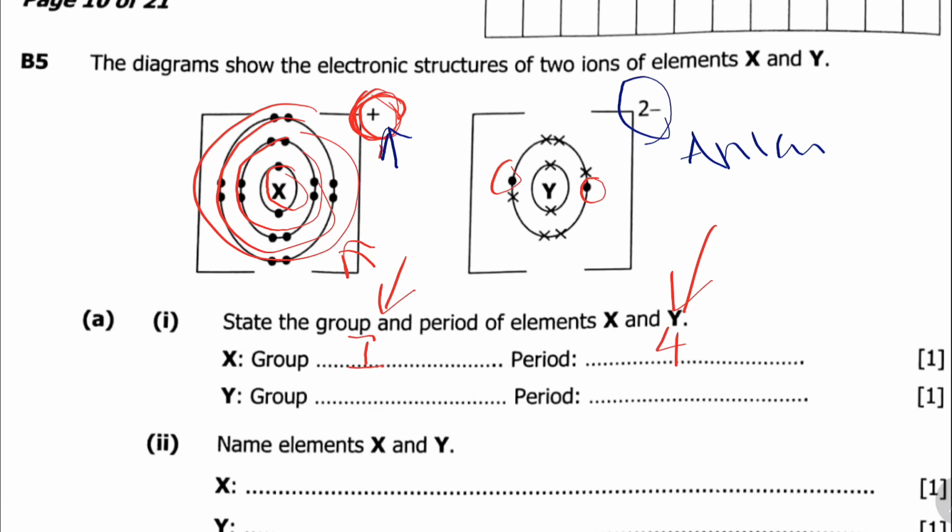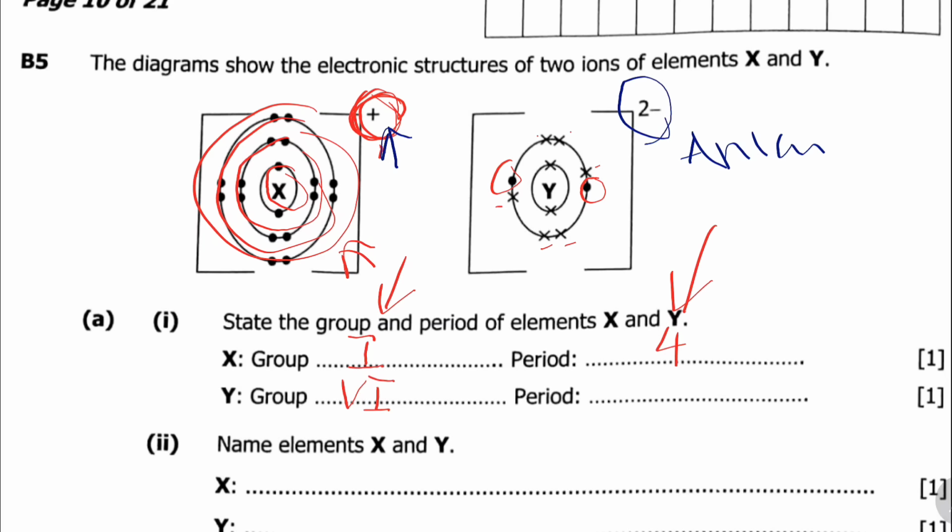Remember, this one is just gaining, so no electrons are what? Lost. So you just count the number of electrons in the outermost shell for this one. Okay? So you have 1, 2, 3, this one, 4, 5, 6. Okay? So this one is in group 6, is VI.